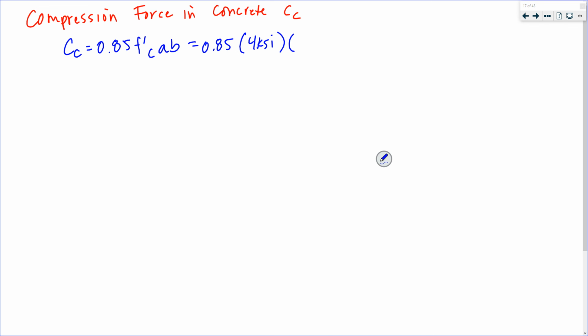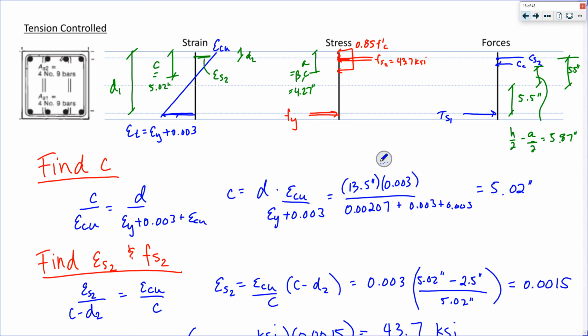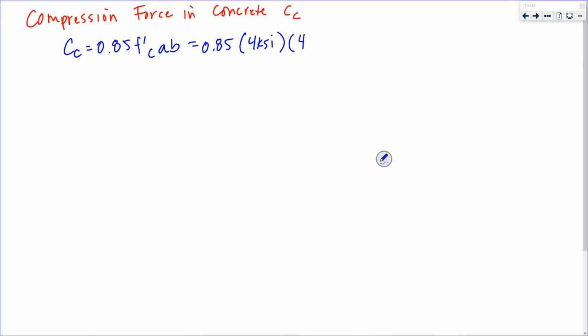What's A? 4.27 inches. 16 inches width. 232 kips.